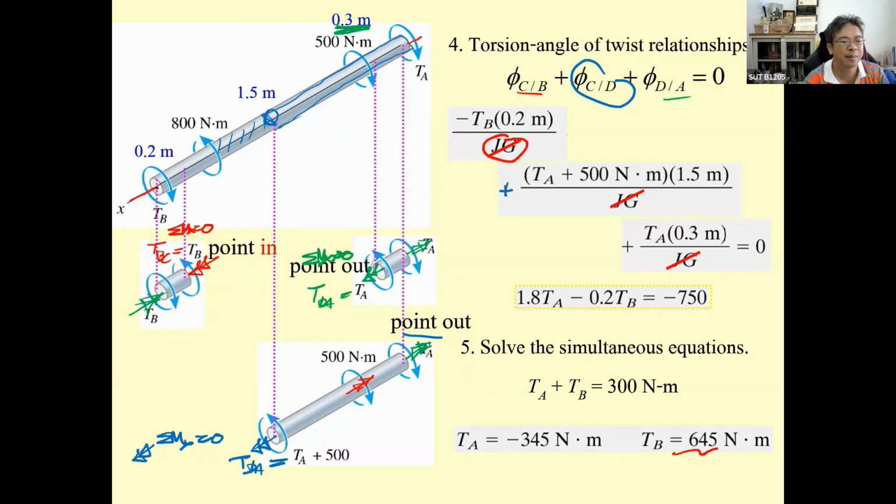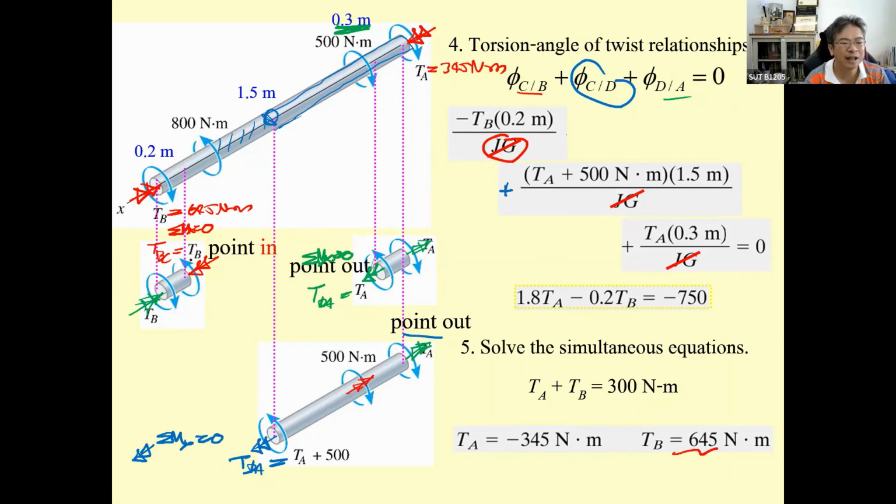T sub B is going to be 645 Newton meter, but T sub A is going to be 345 Newton meter. So you have to compute inside it.